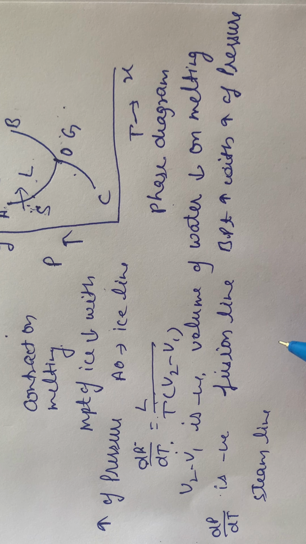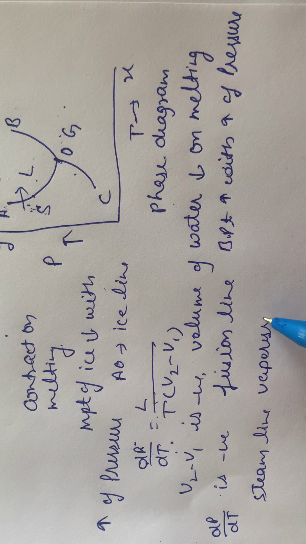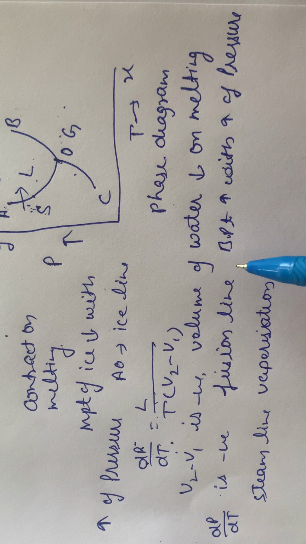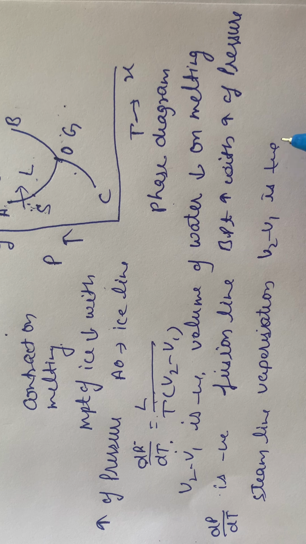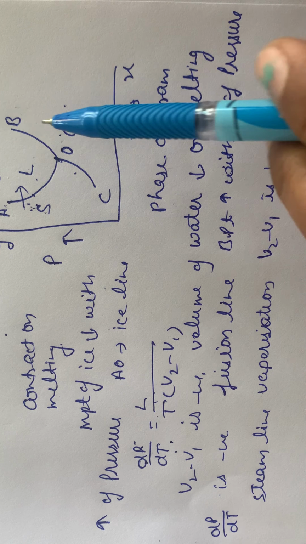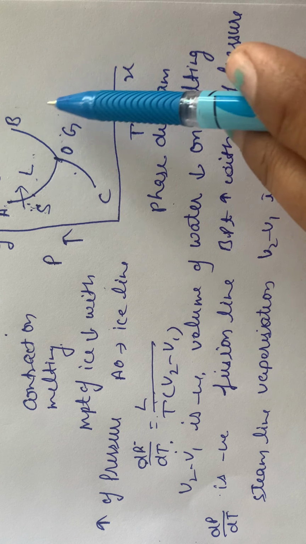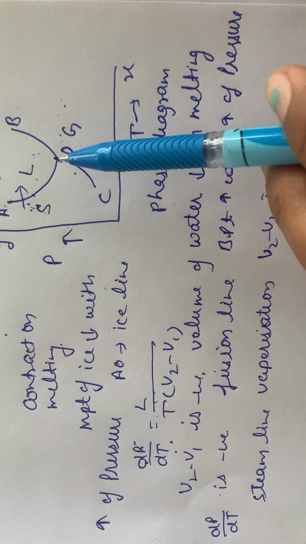In case of other liquids, the line is called the vaporization line. This line has a positive slope because V2 minus V1 in this case is positive. At pressure and temperature corresponding to points on the steam line, the water exists in equilibrium with its vapor simultaneously.